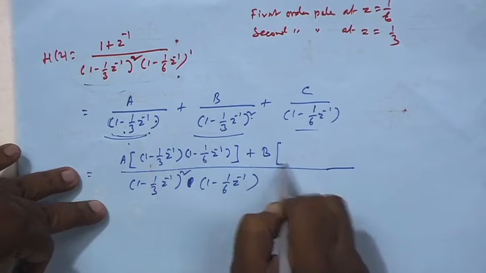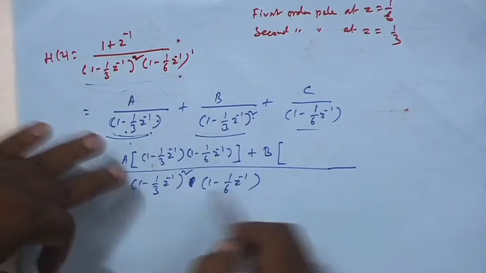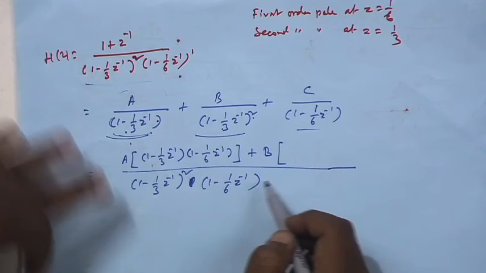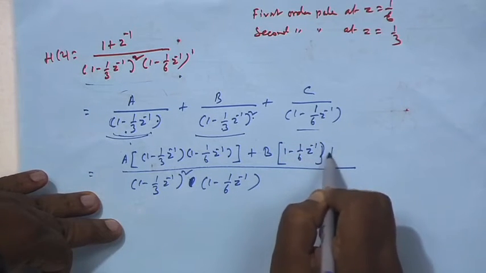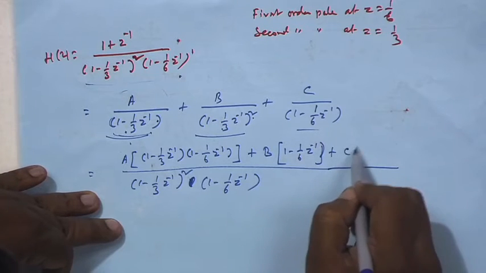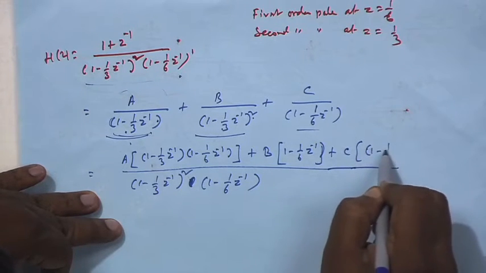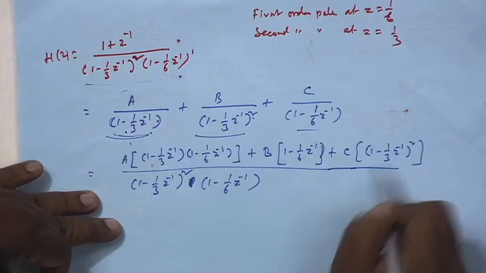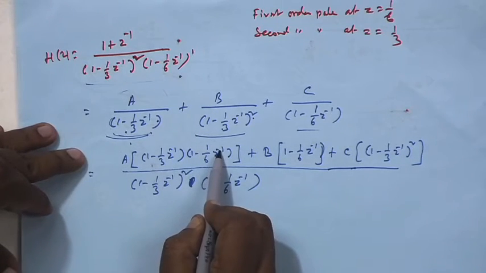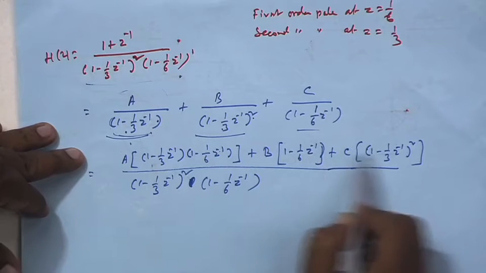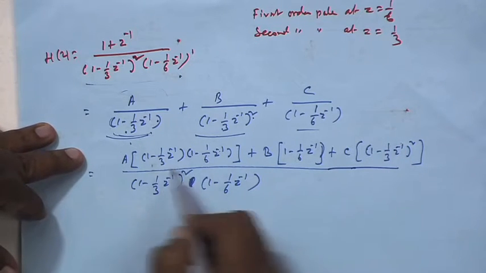Then B, if you take this out, it is just this, and C, if you take out C into this. Now, if you simplify it, you will see this will have a second order term z inverse 2, this is first order z inverse, this will have z inverse 2, z inverse, here also z inverse.